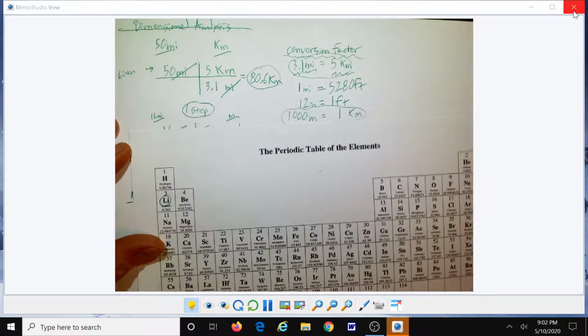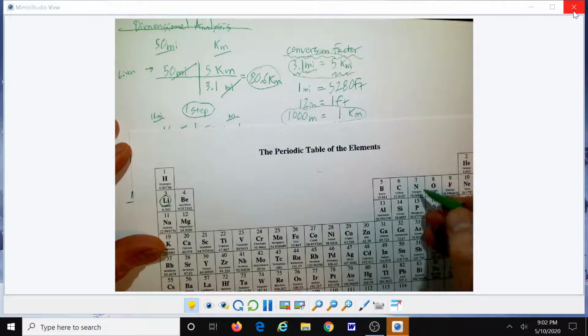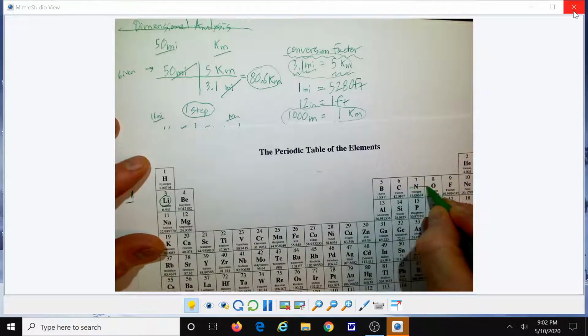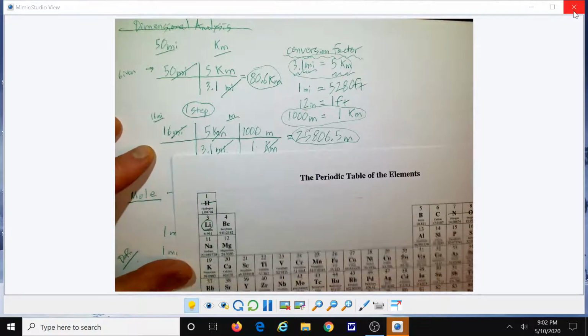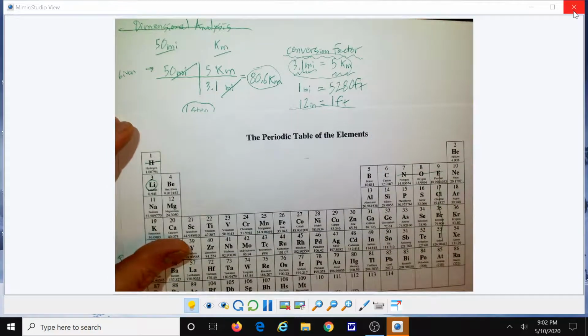Well, what would it be if it's one of these guys over here? Either nitrogen, oxygen, fluorine, chlorine, bromine, iodine, or hydrogen. Do you remember what's significant about those guys? They all have a line going through them, okay? So that means that in real life, since they're diatomic, they come in pairs.